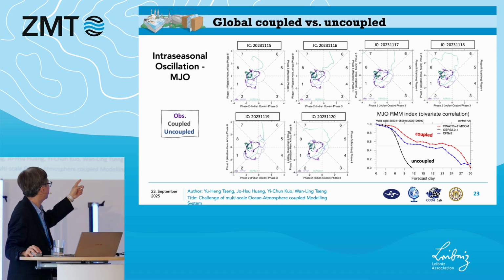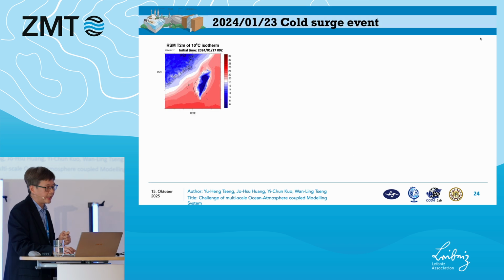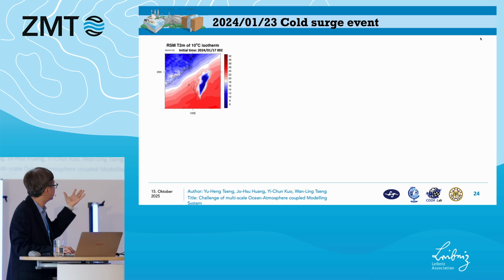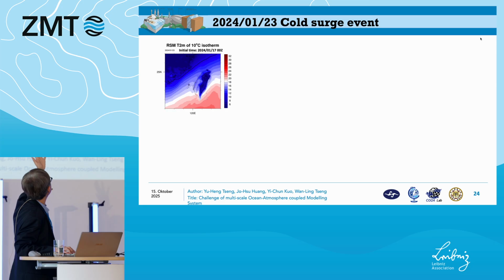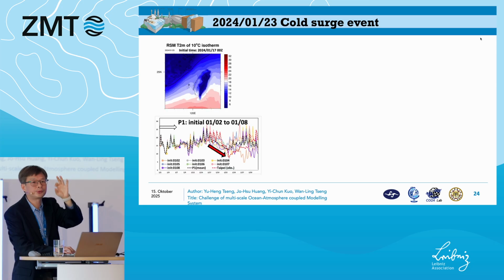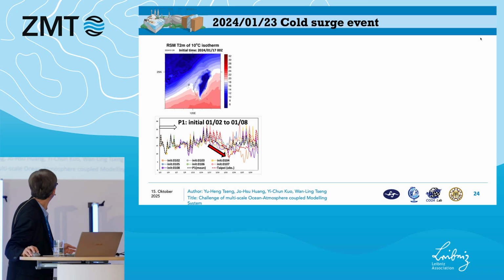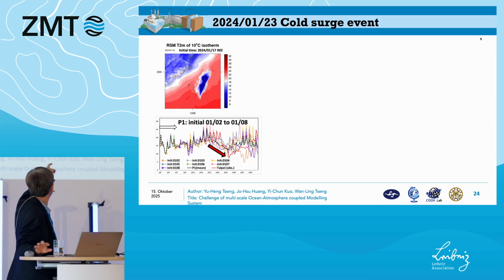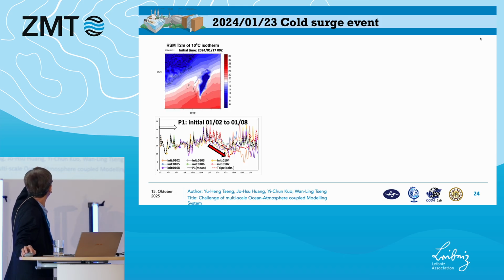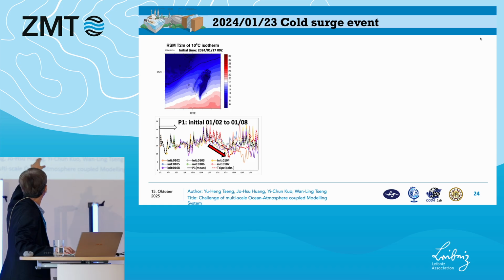This is comparing the coupled model and the uncoupled model for doing the S2S forecast. The coupled model system we have is this one, and the uncoupled system is this one. We can tell the predictability skill actually increased significantly. And also, if we look at the cold surge events, this is one example from January 2024. Around 3 weeks ahead, the model can already predict this kind of decreasing trend from the coupled model results, but it doesn't quite fit clearly.